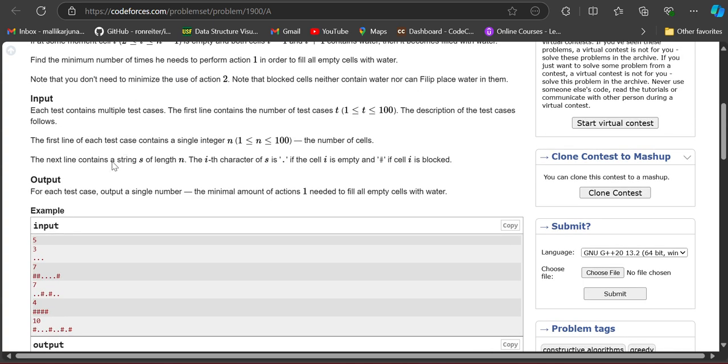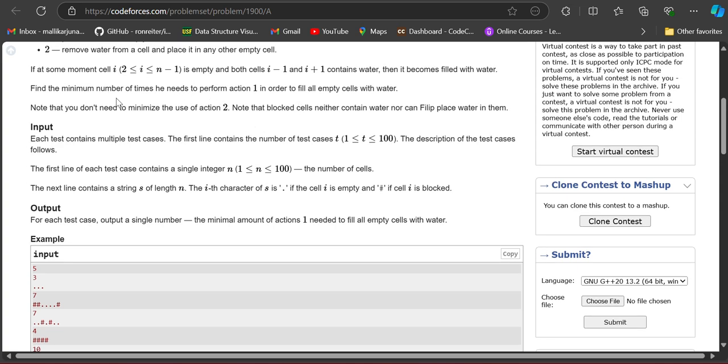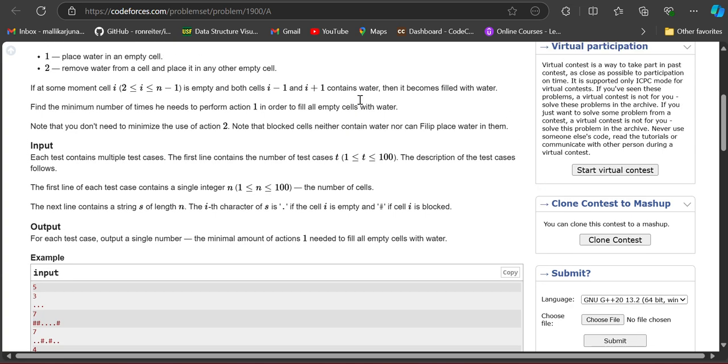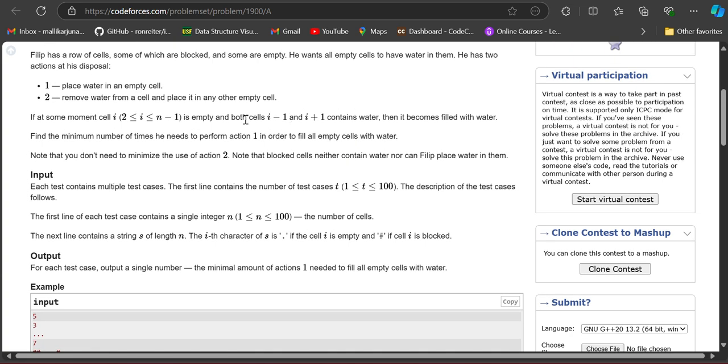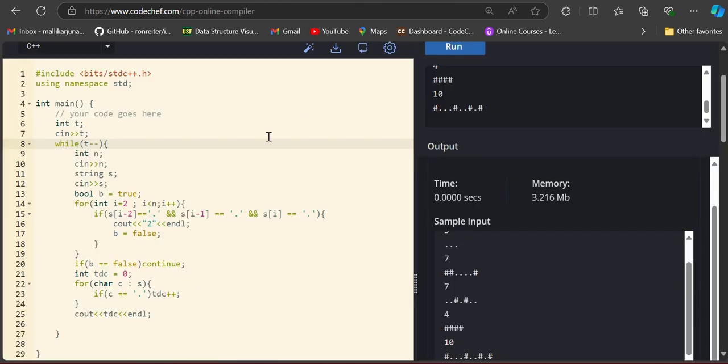The next line contains a string s of length n. The i-th character of the string. Okay. The first line contains number of test cases. Description of test cases follows. You don't need to minimize the 2n minus one.